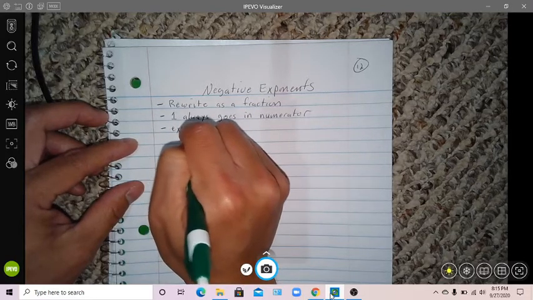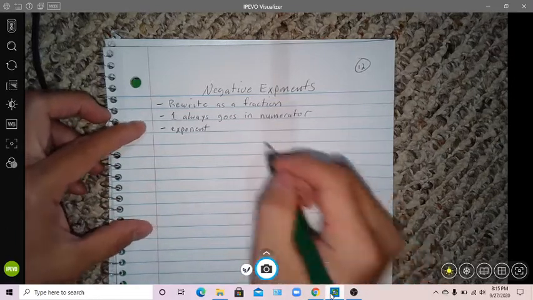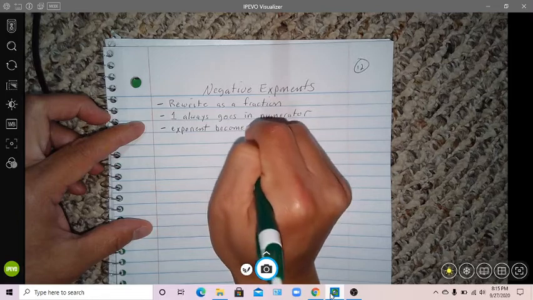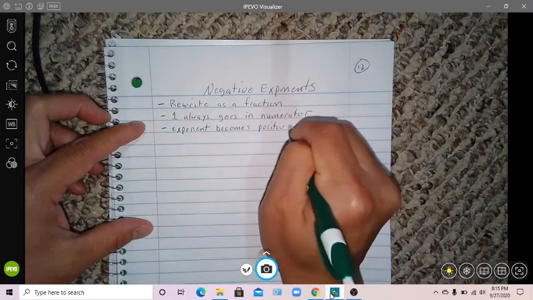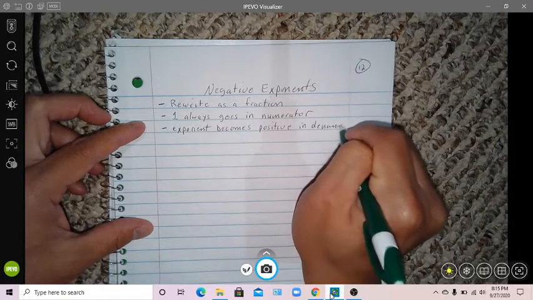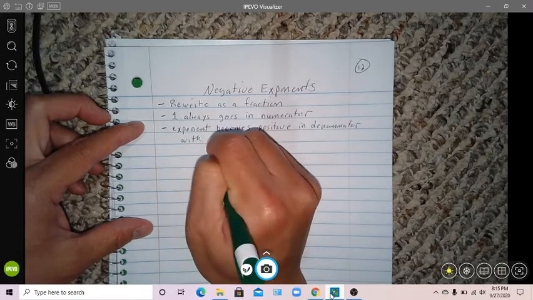Exponent becomes positive in the denominator with the same base.